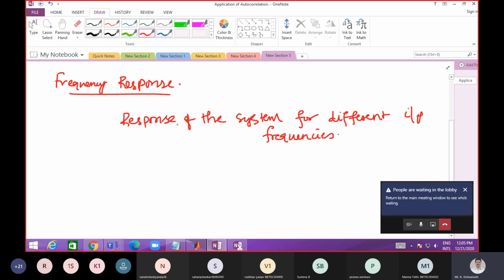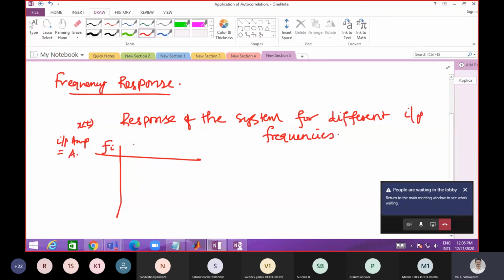So basically this is what you do. You vary the input frequencies, and for a signal there will be an amplitude. So you have the input signal x of t, and the input amplitude will be ai.